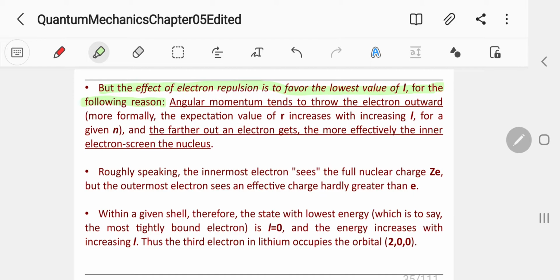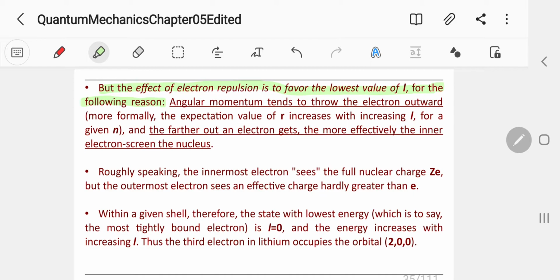In other words, the innermost electron sees the full nuclear charge Ze, but the outermost electron sees an effective charge that is hardly greater than e, because of the charge screening.